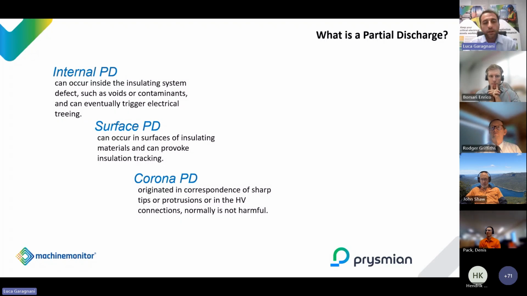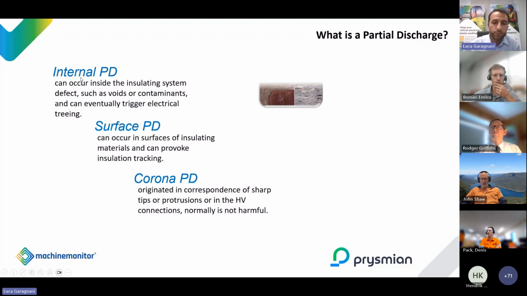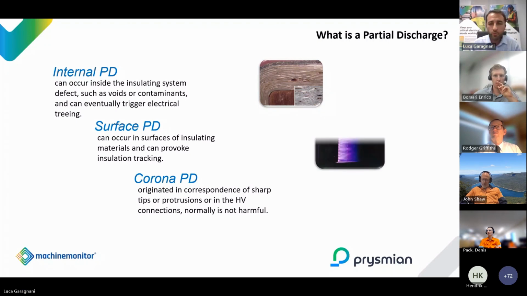But they are all groupable and represented by three main categories, right? Internal discharge means all the discharges that occur due to defects within the insulation. So the electrical discharge is inside the insulation system and is not visible from outside. Surface discharges are discharges that are on the surface of the insulation.